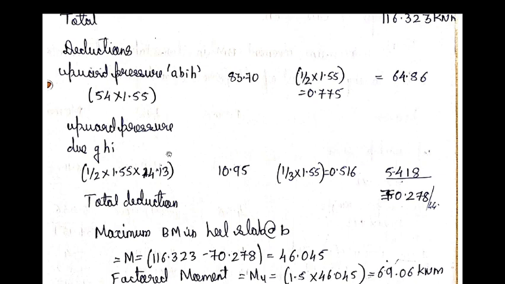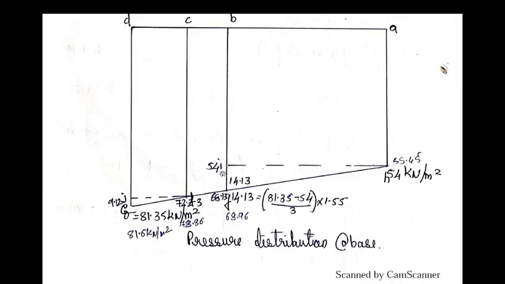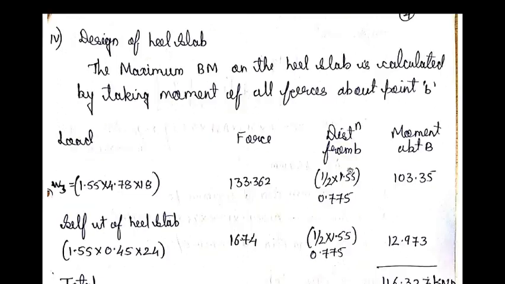Then a triangular portion we will take. This is the triangular portion HIG. So here what will happen? The area is nothing but the force, half of B into H, as well as the distance. It has to act from here to here, so it will be 1/3 of this length.